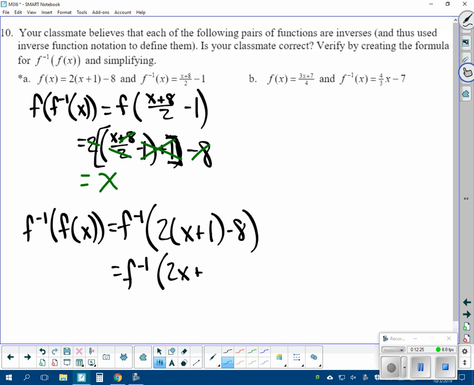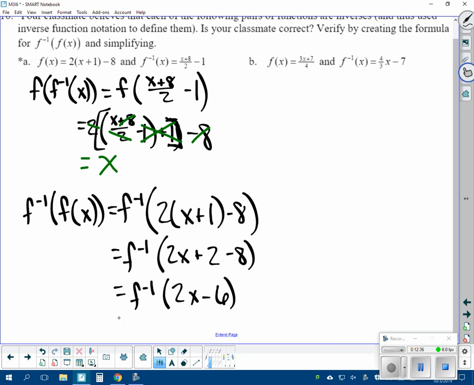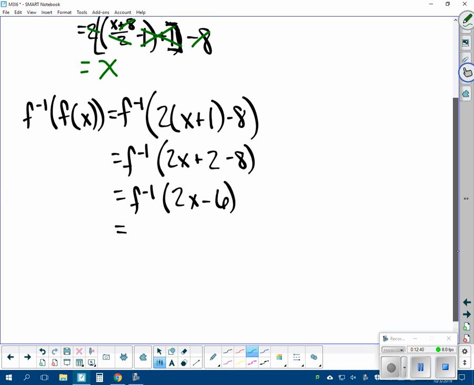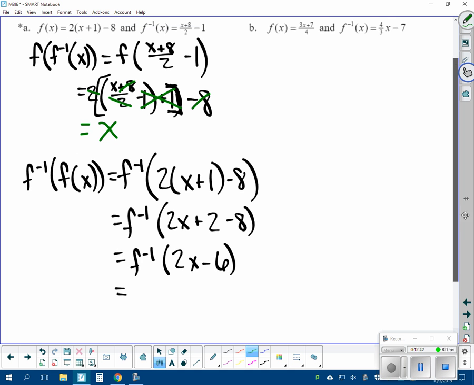So that would be 2x plus 2 minus 8, which is 2x minus 6. And then plug that into your inverse function. So we've got 2x minus 6 plus 8, all of that over 2 minus 1.